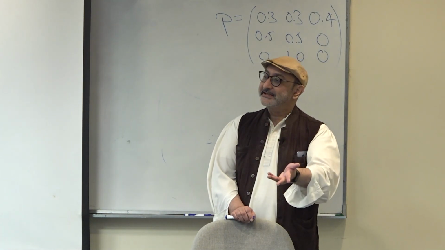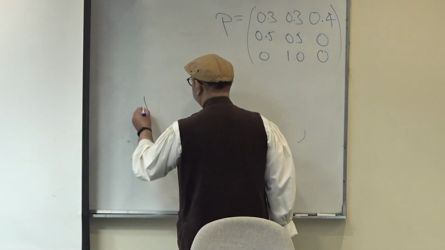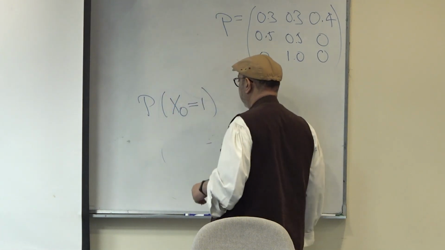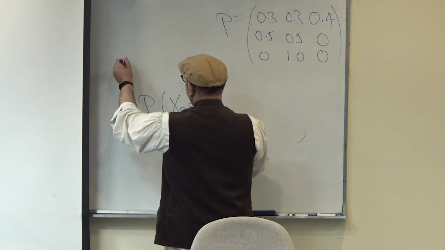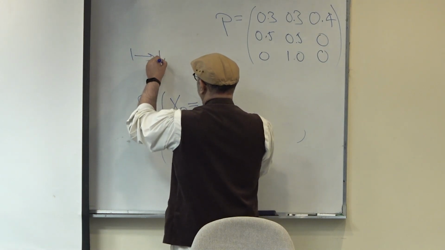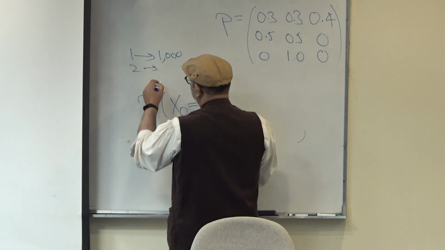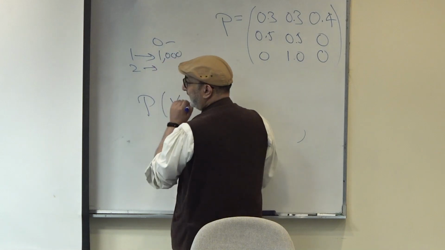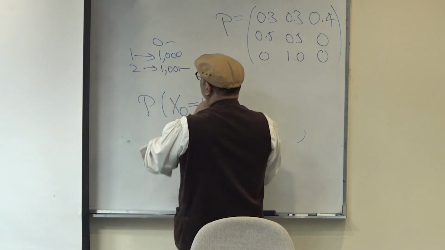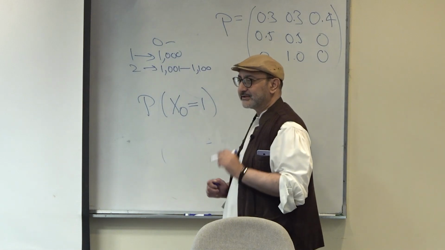So I have some historical data, so I have an idea of the probability that the number of people at the gate is 1. So my state 1 might represent having 0 to 1,000 people at the gate, and 2 might represent having 1,001 to 1,100 people at the gate, or something like that.